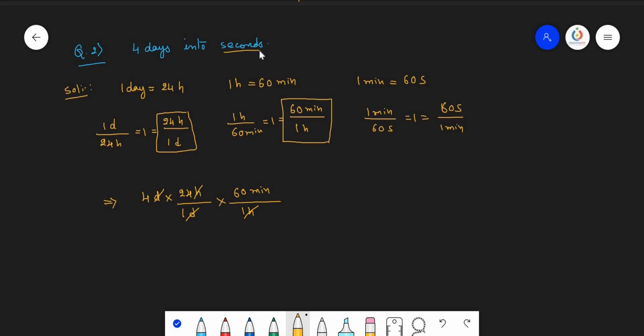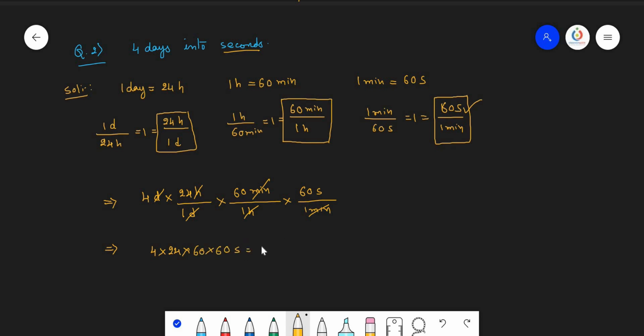But we want the answer in seconds. So, now you just multiply this one with another factor where the minute and seconds factors are there. We want the answer in seconds now. So, you pick up this one because here second is in the numerator. So, into 60 seconds divided by 1 minute. Minute cancelled out. So, the answer here is 4 into 24 into 60 into 60 seconds.